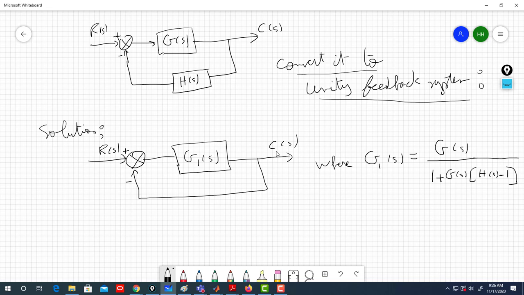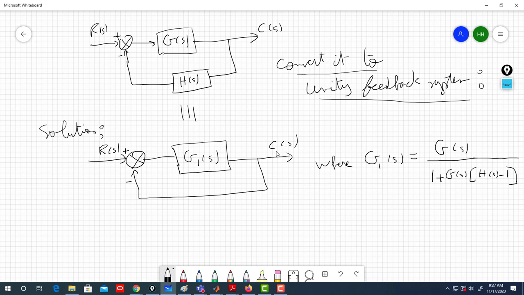Okay, so then these two systems are equivalent. If you don't believe me, you can verify it. How to verify it? How can you verify that those two systems are equivalent?